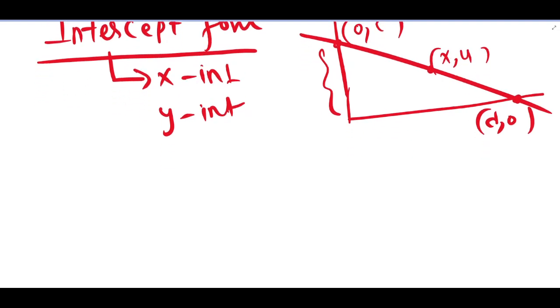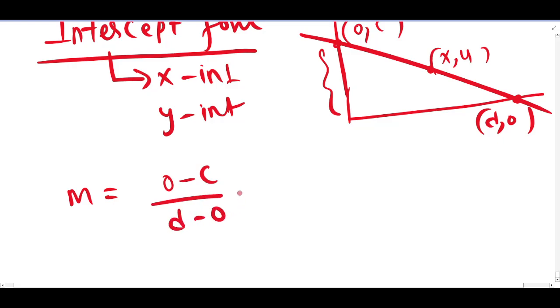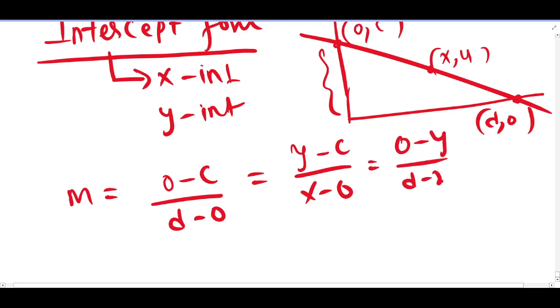So the slope of the line is given by (0 minus c) divided by (d minus 0), which is equal to (y minus c) divided by (x minus 0), which is equal to (0 minus y) divided by (d minus x).